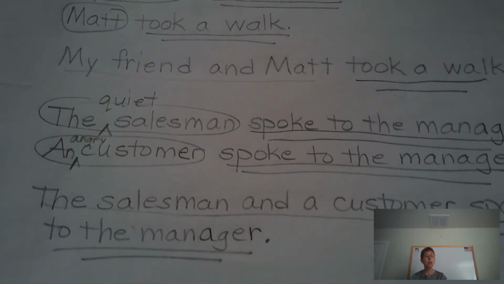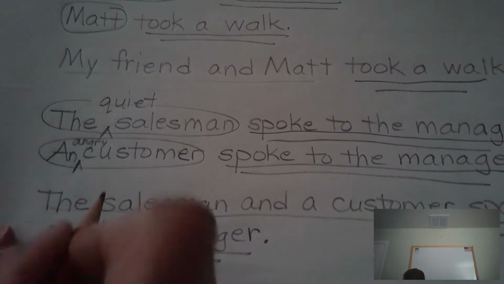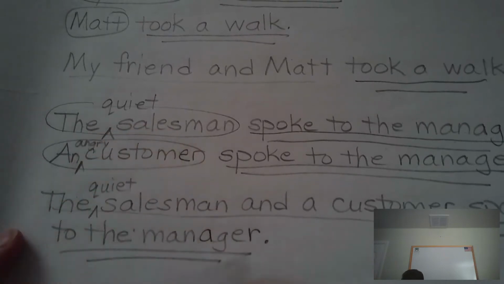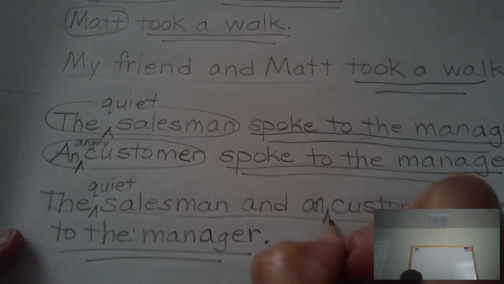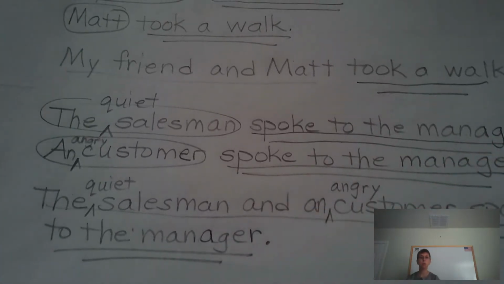The subjects are still, in this case, the quiet salesman and an angry customer, but the predicates are still exactly the same, spoke to the manager. Because the predicates are the same, we can create that compound sentence. So now our sentence would say the quiet salesman and an angry customer spoke to the manager.